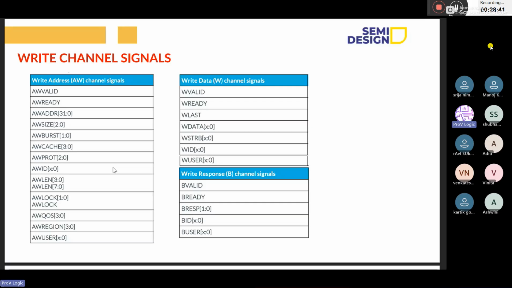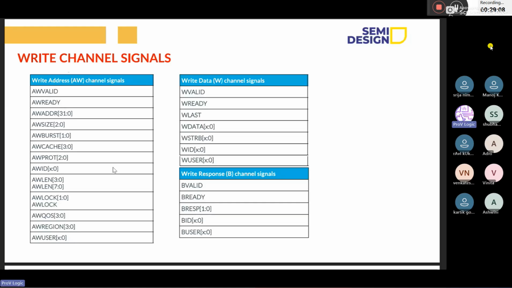Next, length. Length in the sense of burst length. So the number of data transfers in one burst, like 1 to 16 transfers, like that burst length. Next, lock. Lock in the sense of master lock. It's just exclusive access, mostly not required. If any specification related to it is there, then only it is useful.